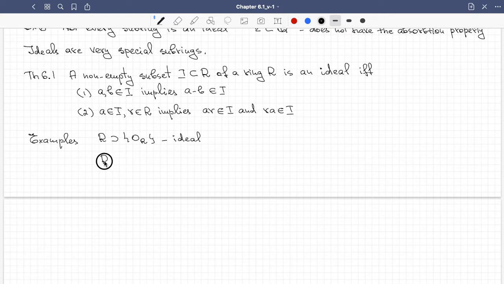Another trivial example is the whole ring R. This is definitely a subring of itself. It is a subset, and it satisfies, of course, these two properties because R is a ring. And this is also an ideal. These two examples are trivial.